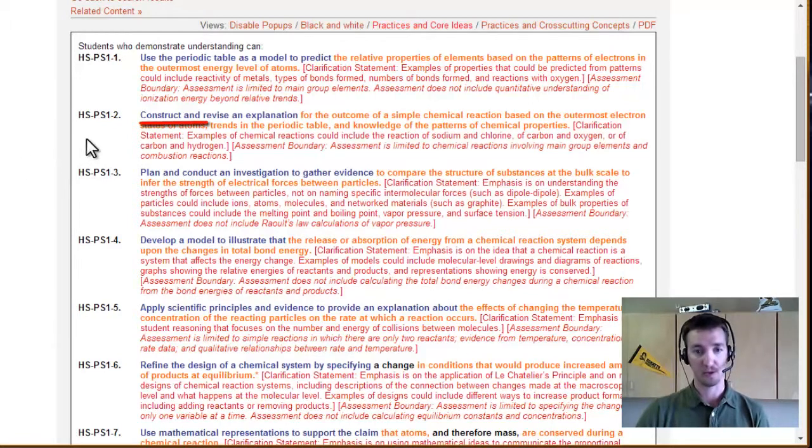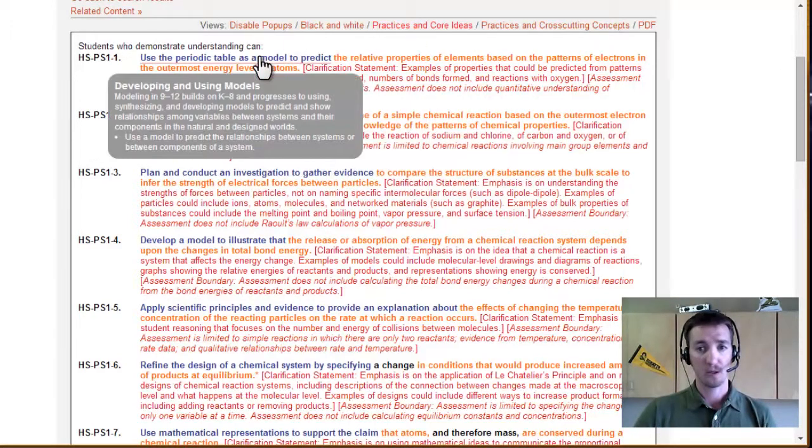They're going to construct a plan. They're going to conduct an investigation. The things students should, at the end of your course, be able to do. These aren't the lesson plan ideas for you. This isn't how you'll get them to understand things. This is what they need to do at the end. It's up to the individual teacher to decide how that will happen.